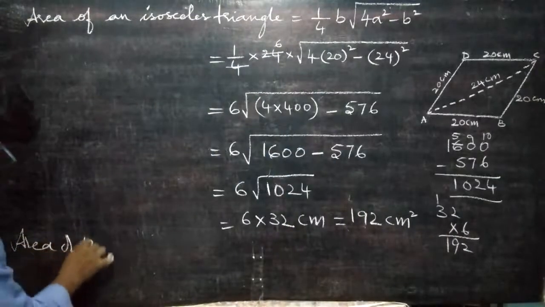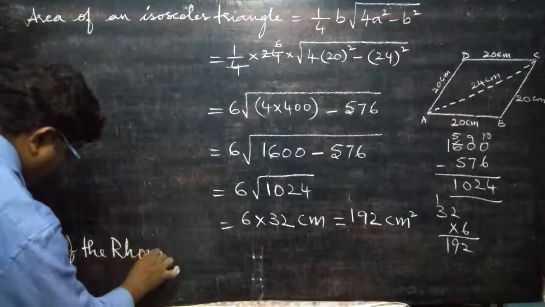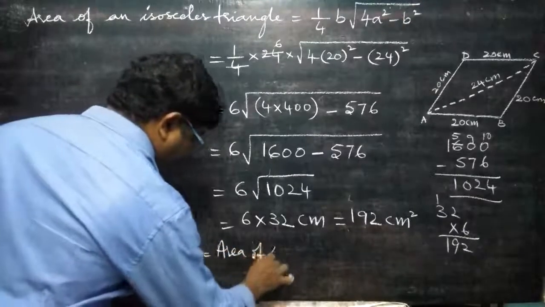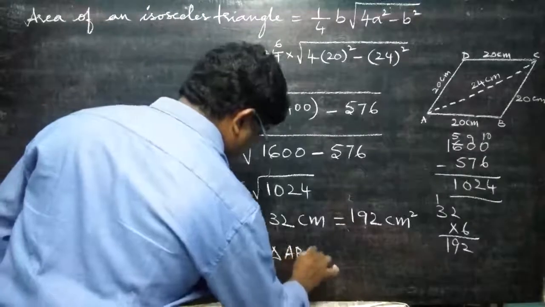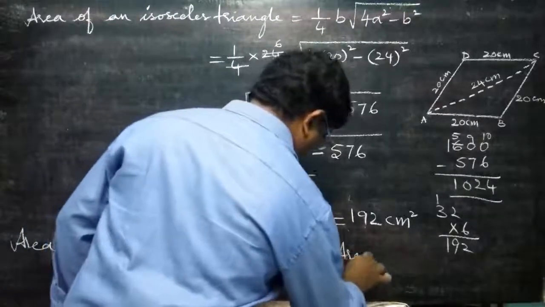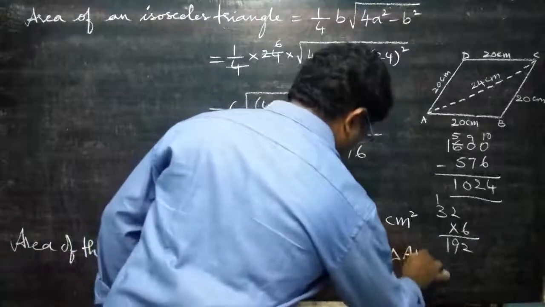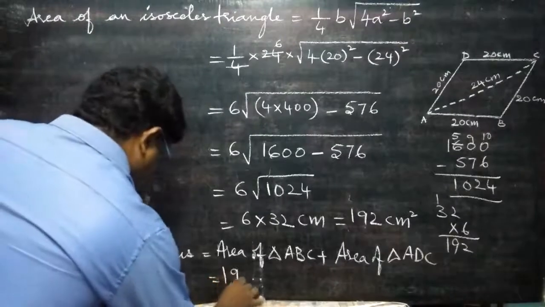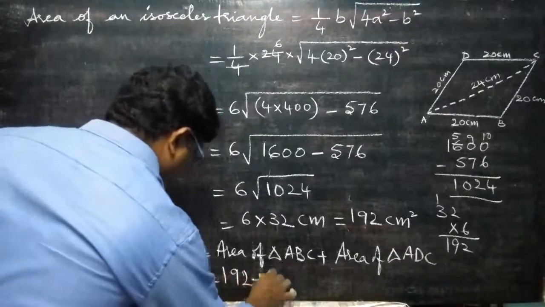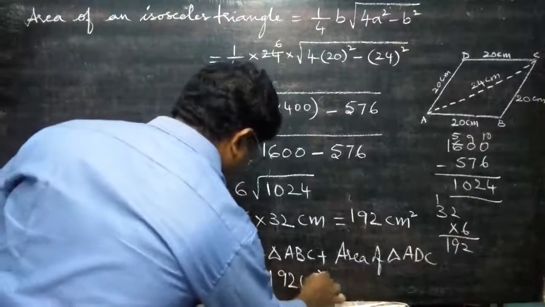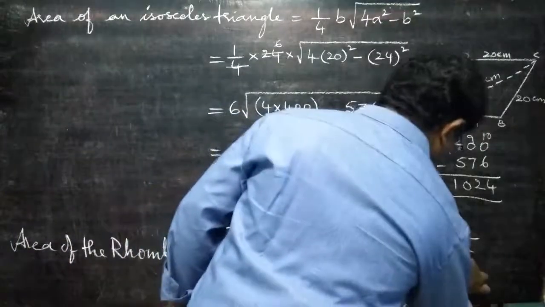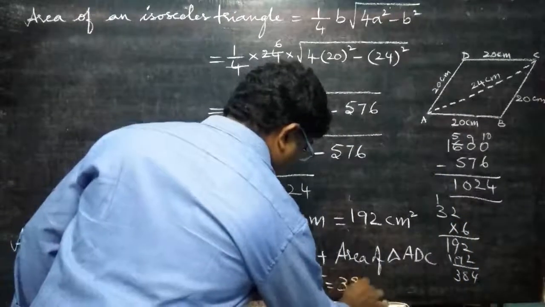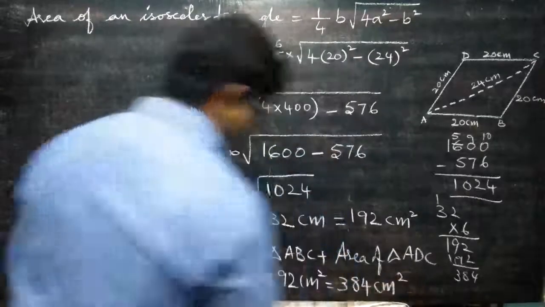Area of the rhombus is equal to area of triangle ABC plus area of triangle ADC. Because both are congruent, areas will be equal. So 192 plus 192 centimeters square, adding 192 plus 192, we get 384 centimeters square. This is the answer.